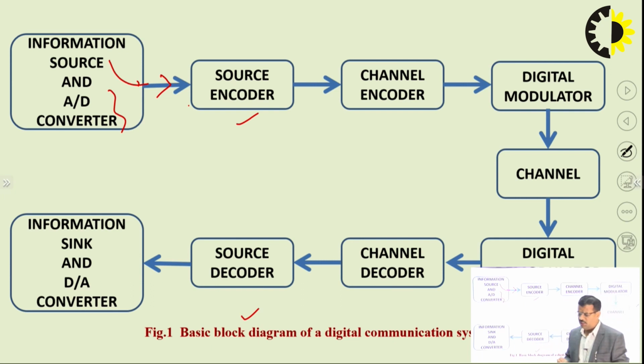So, you need to compress your data. So, the source encoder at first encodes the information that you are getting from the source, as well as compresses your data so that no information will be lost.